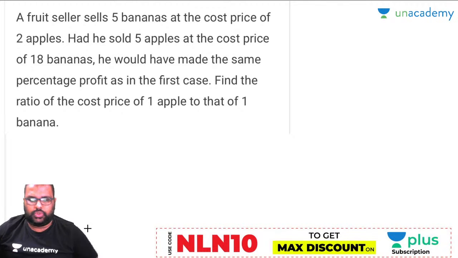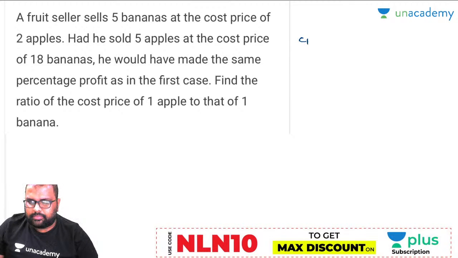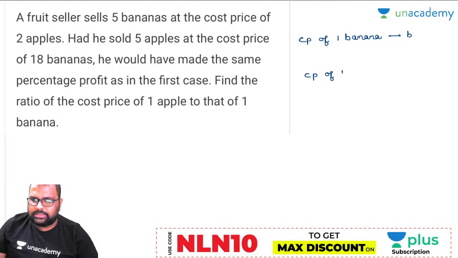Okay, so I'll write it down like this. First of all, the cost price of 1 banana, I will take it as B, right? Cost price of 1 apple, I will take it as A, right?